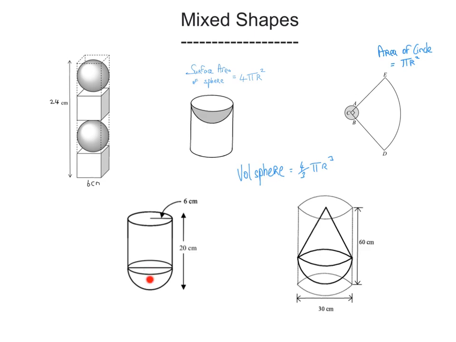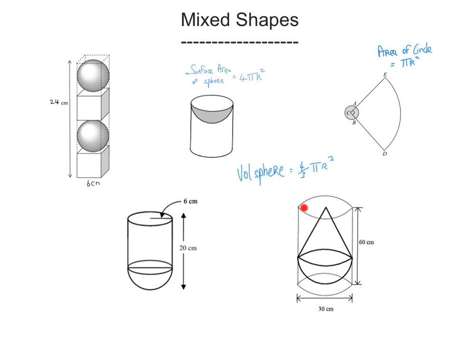So that would give you then the height of the hemisphere. So in this case, of course, the radius will be 6 centimeters. So that would mean that the height of the hemisphere is 6 centimeters. That would mean the height of the cylinder must be 14 centimeters. In other words, take 6 from 20. So once we have all that information, we simply use the two formulas for the two shapes and add them together to get the total volume of the object.